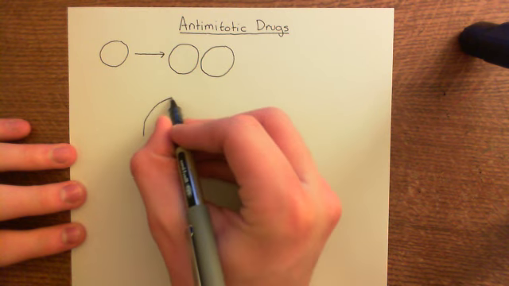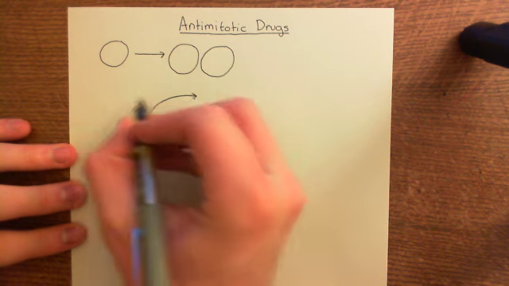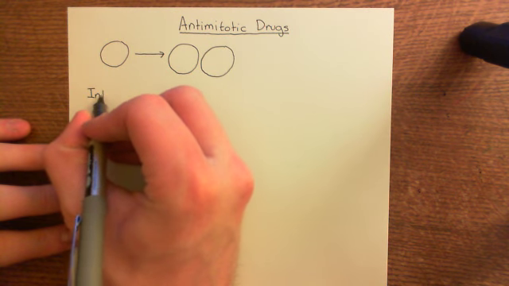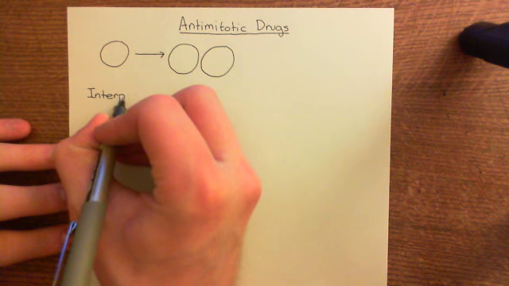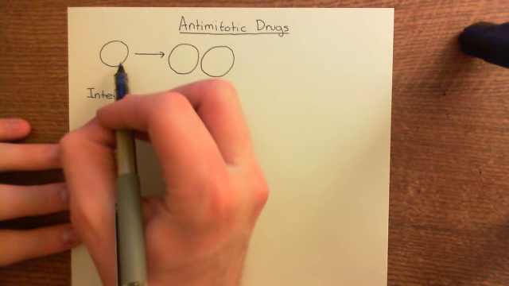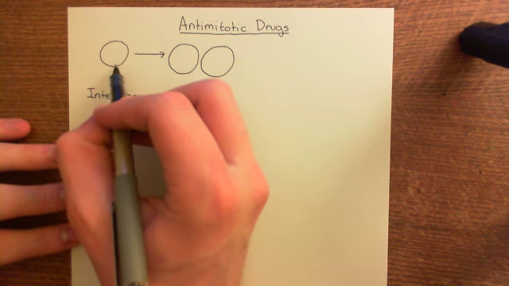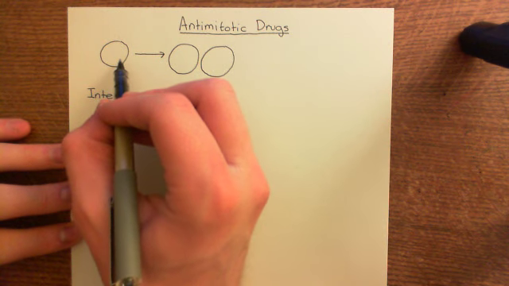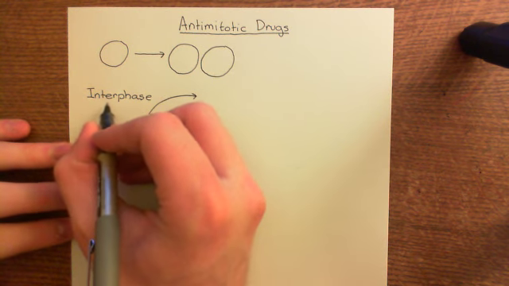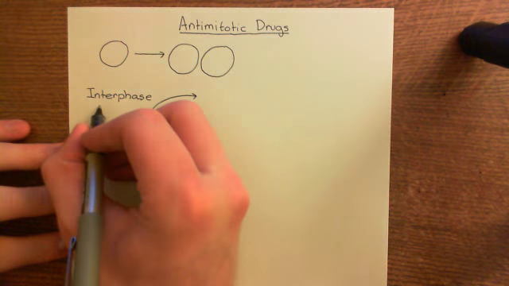So you start off in a phase known as interphase. Okay, so this is called interphase. And this is the phase in this original cell's life cycle where it is not dividing. So the cell is just plodding along, doing whatever it does, okay, but it is not dividing. And whilst it's not dividing, it's said to be in the interphase of the cell cycle.